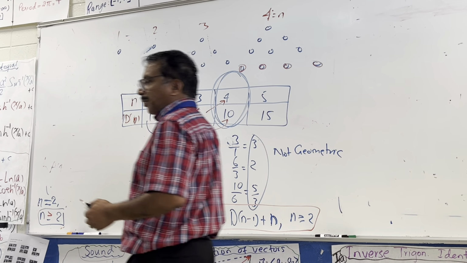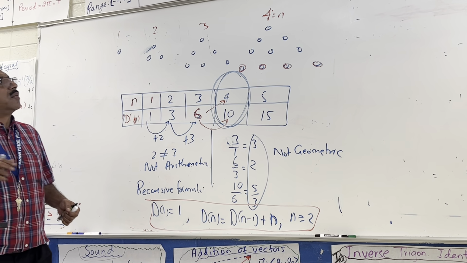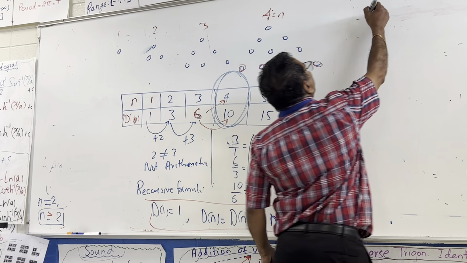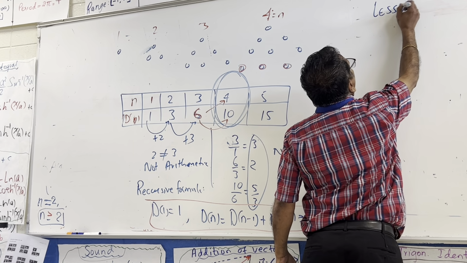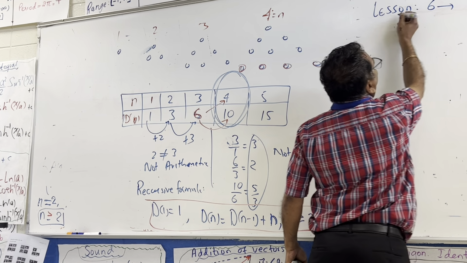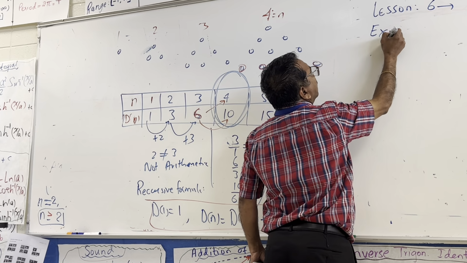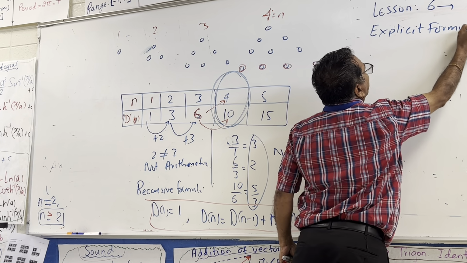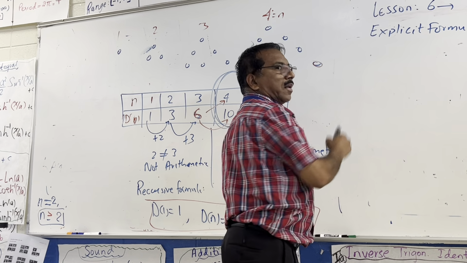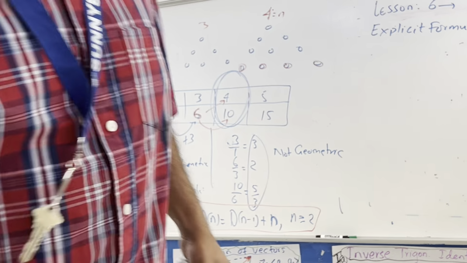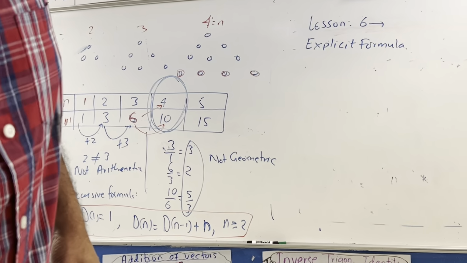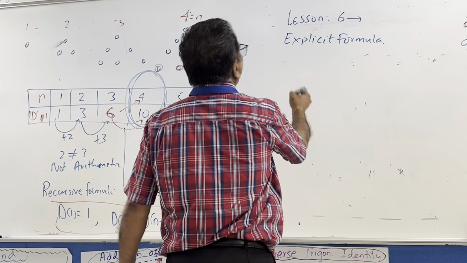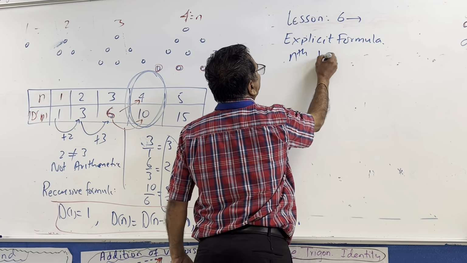So what is that explicit? So the next is lesson number 6. Lesson number 6 is going to be how to write an explicit formula for arithmetic sequence and geometric sequence. So explicit formula or nth term.